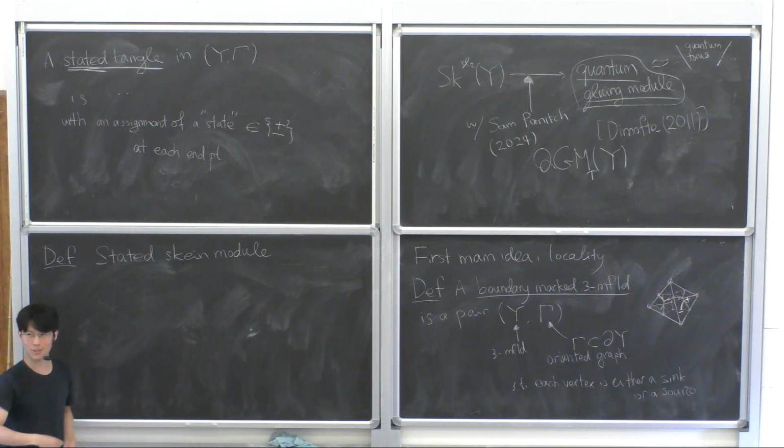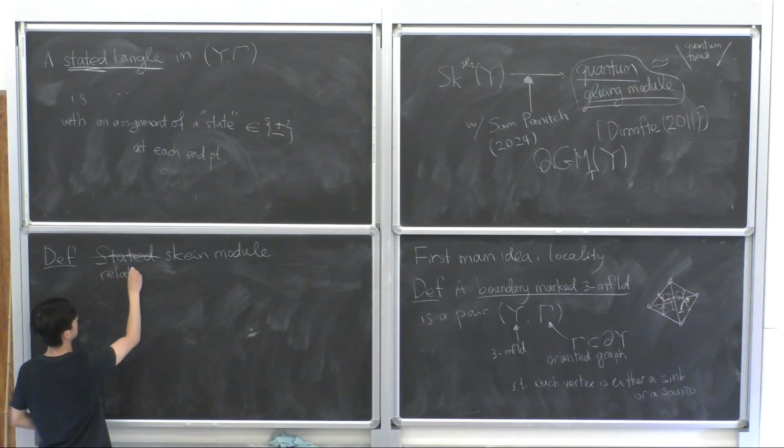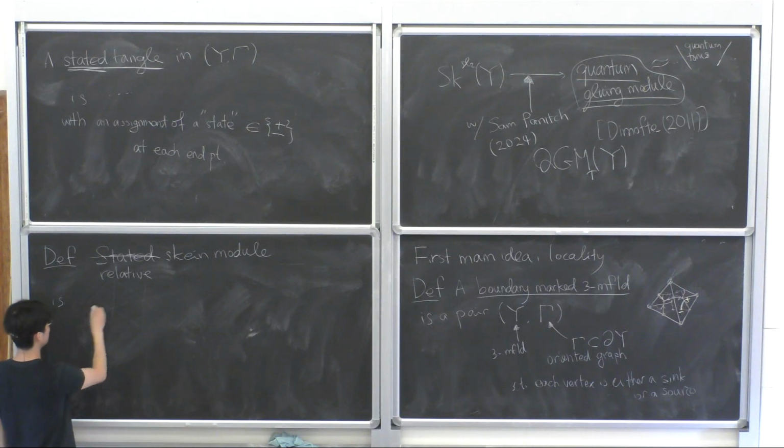A stated Skein module, probably better called a relative Skein module since it's relative to the boundary, is defined in the same way as the usual Skein module.